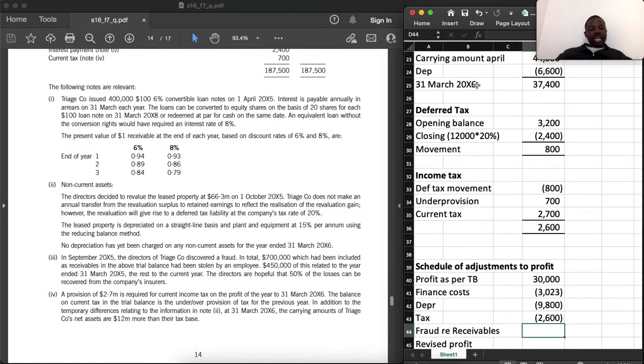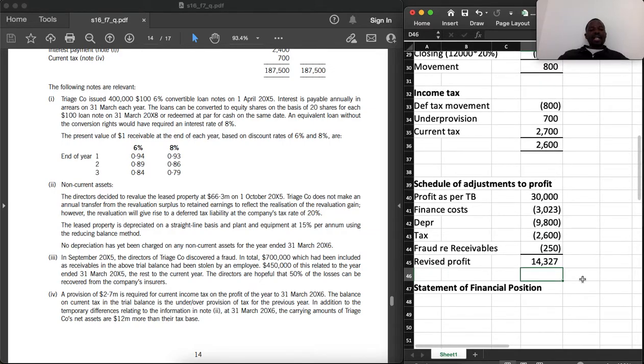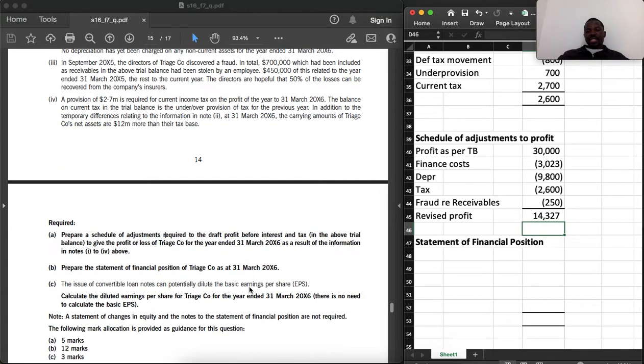We are going to say out of 700, 450 relates to the prior year. So what's related to this year? It's only 250. When we sum this, we get our revised profit. That is what was required for 5 marks.